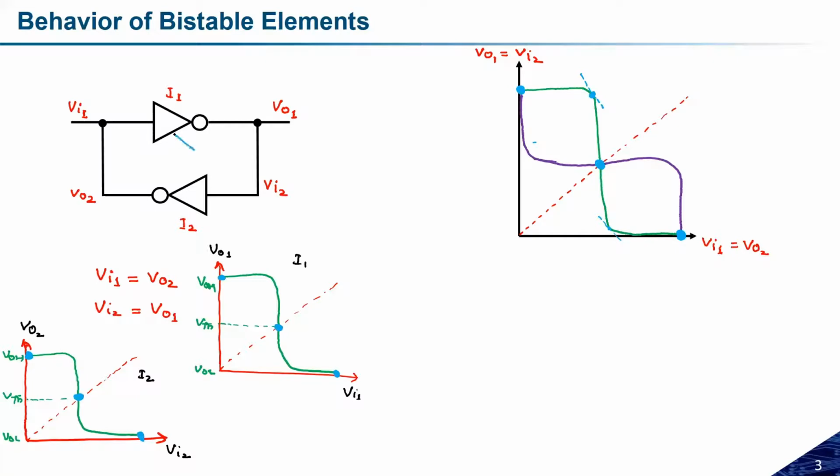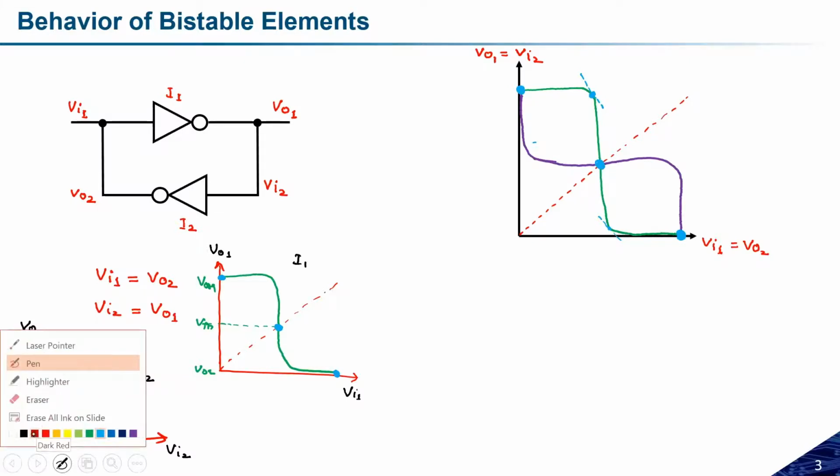Two transistors from I1 and two transistors from I2, all four will be in the saturation region at this particular node. And at this node we will achieve the maximum gain, so the gain will be greater than 1.